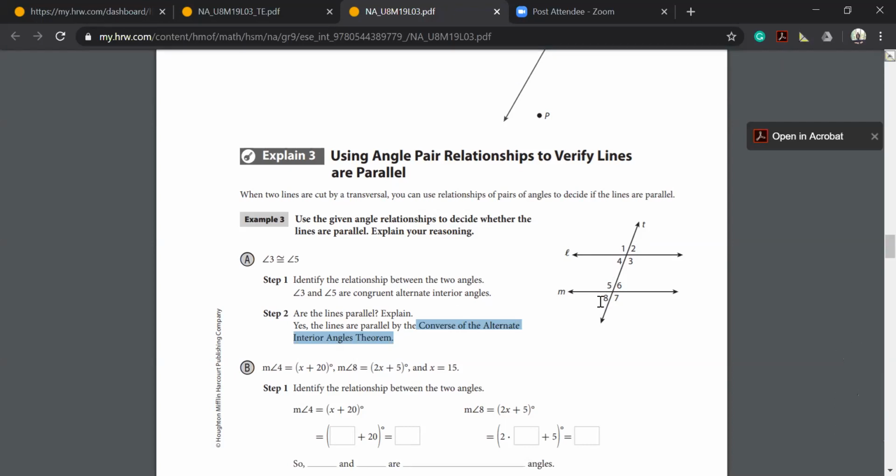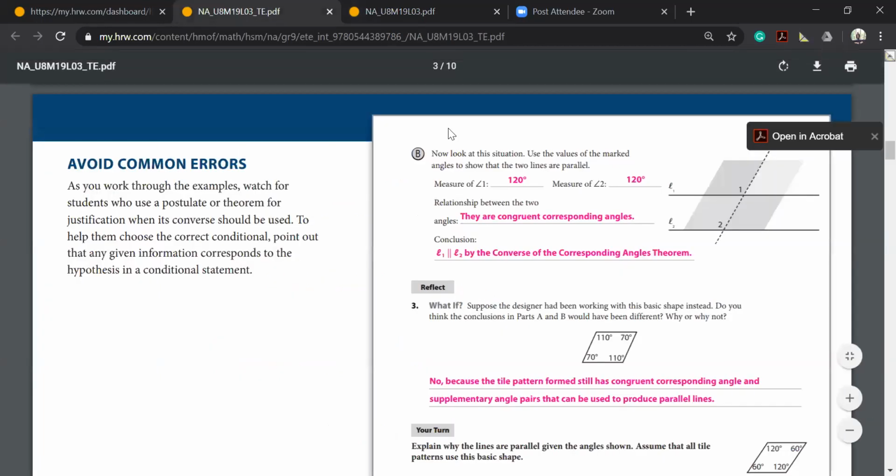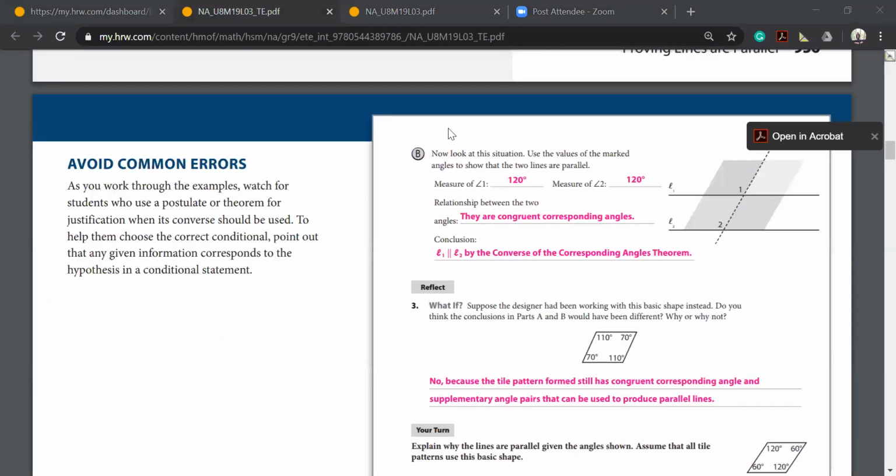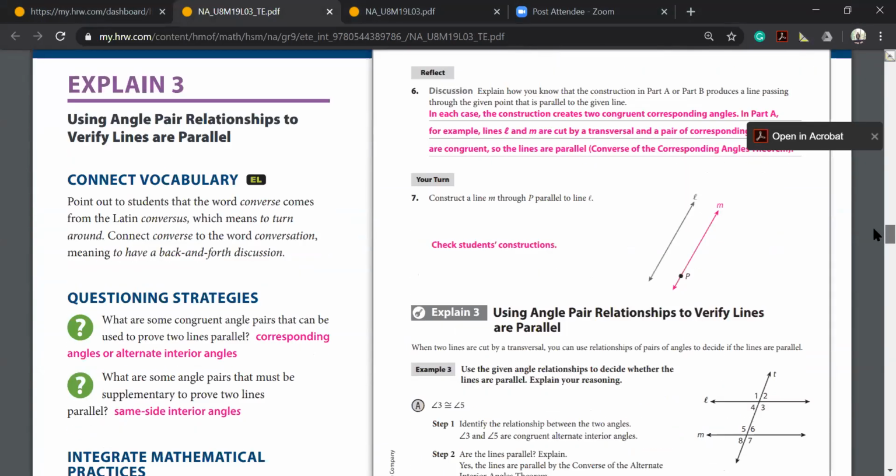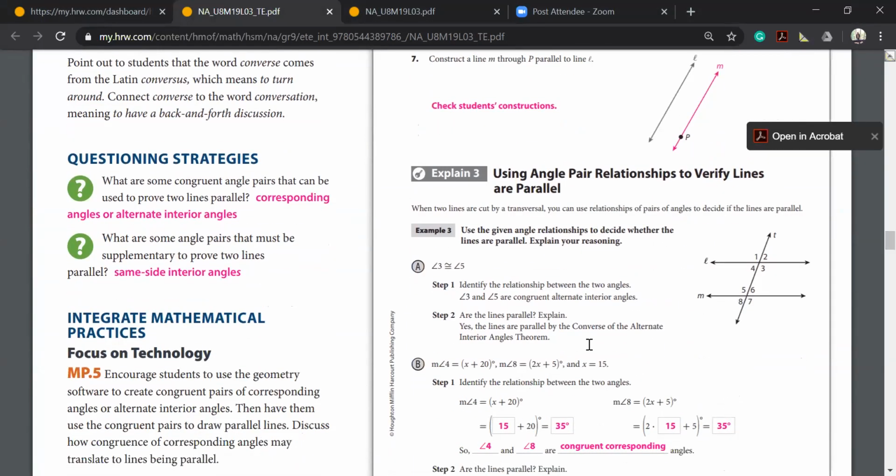So angle 4 and angle 8 are congruent corresponding angles. They are not only corresponding, they are congruent because both of them were 35, right? So they are congruent corresponding angles.